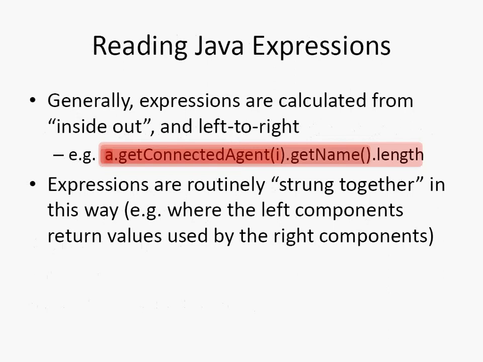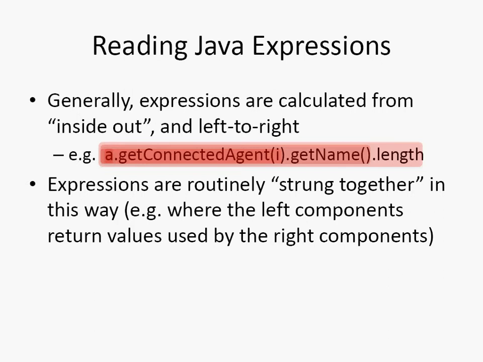Maybe the value of I is 6, and so it'll say, don't get me person 0, go here. Boom, that gives me back a reference to some particular agent: the third person I'm connected to, 0, 1, 2. Then it'll get their name. The name is John.